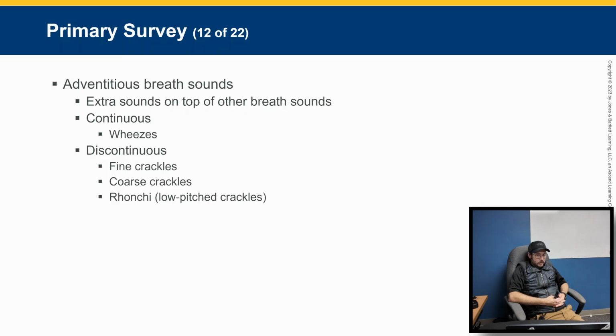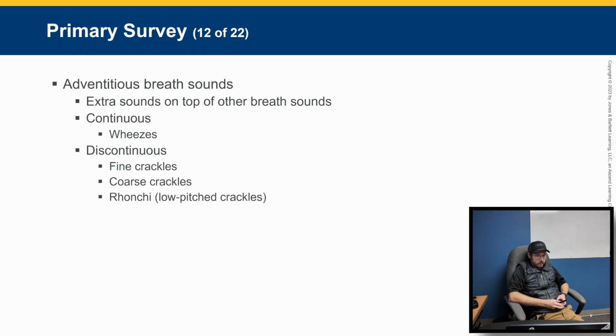All right. So adventitious breath sounds are sounds that are heard on top of other breath sounds. Those are like extra sounds, so that would be your wheezing, your crackles, your rhonchi, things like that. Because you're still hearing air move with those sounds, but you're hearing those sounds on top of the air movement. That makes sense?